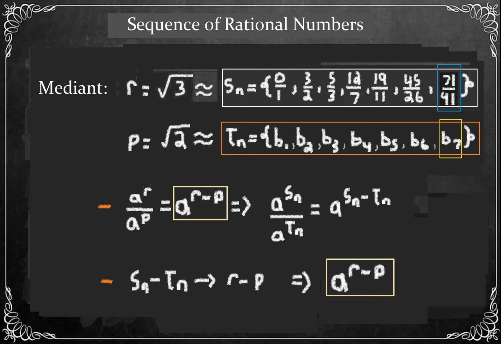The last orange bullet, we know the expression Sn minus Tn approaches the term r minus p, which means the white box, a raised to the power of r minus p, which are irrational exponents. That's essentially the scratch work for the proof.